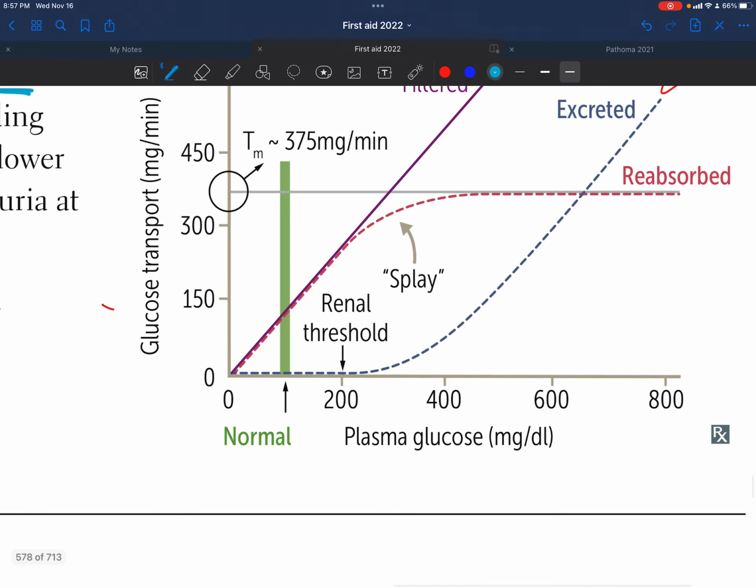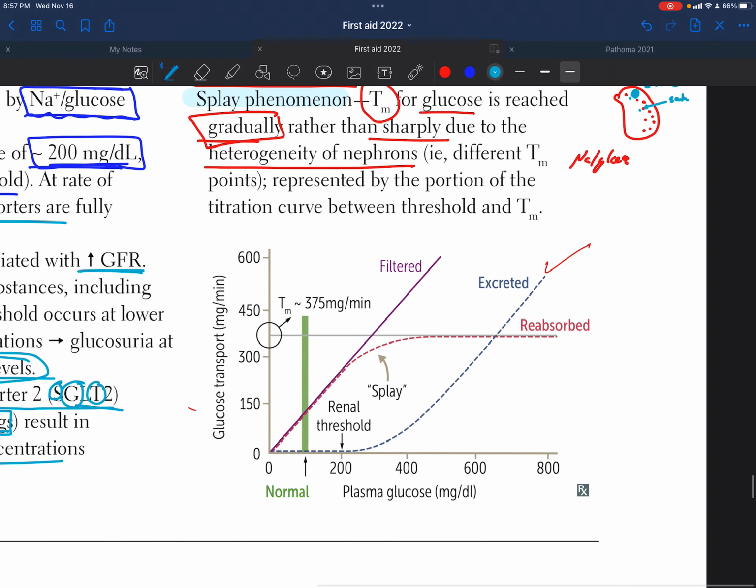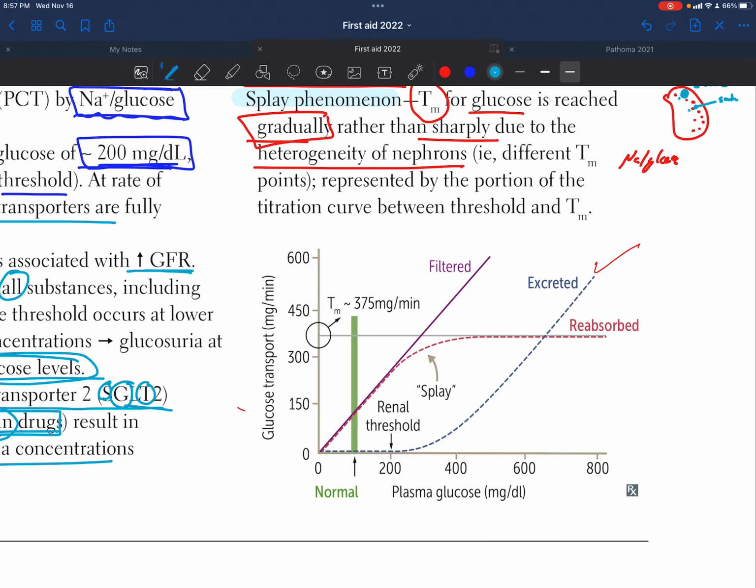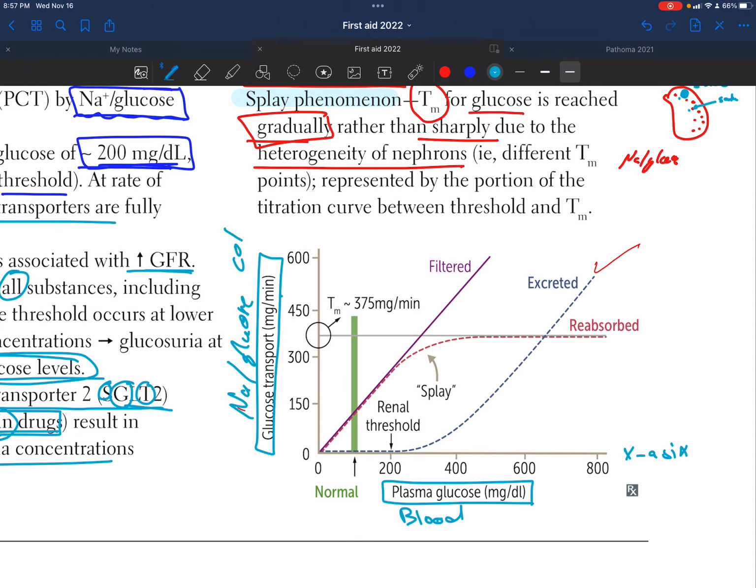And if we take a look at this diagram over here, the x-axis is the plasma glucose. So how much glucose is in the blood? Okay, and then over here in the y-axis we have the glucose transport. So these are the channels called sodium glucose co-transporters.